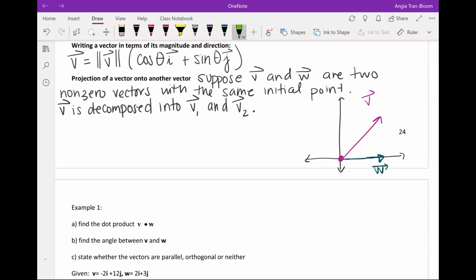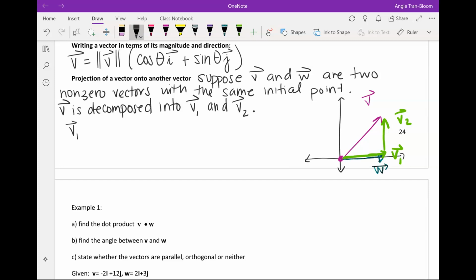So would you agree that, based on addition of vectors, this is v1? If I take v1 and add v2, would you agree that is a true statement? Perfect. Would you agree right now, v1 looks pretty darn parallel to what? w. v2 looks pretty perpendicular to w, orthogonal. You're right. So here's a formula to get to v1.